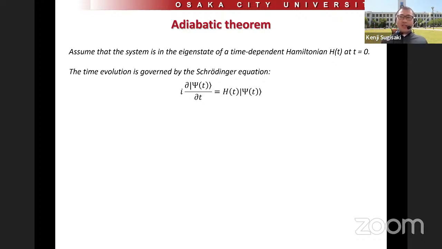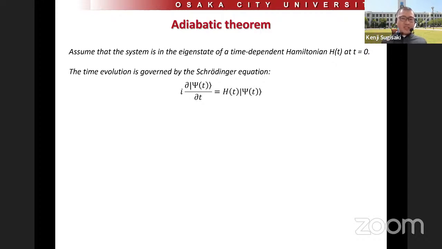Throughout this talk, I usually refer to this eigenstate as the ground state, but the adiabatic theorem is very general, so it can be applied not only to the ground state but also to the excited state. But anyway, we have an eigenfunction of H(t) at t equals 0.